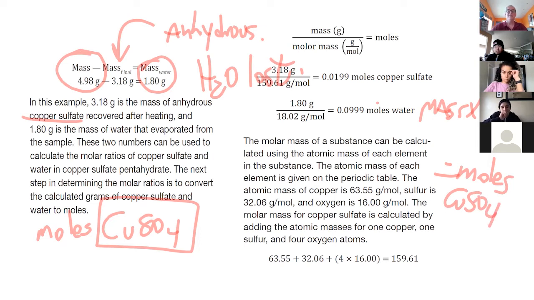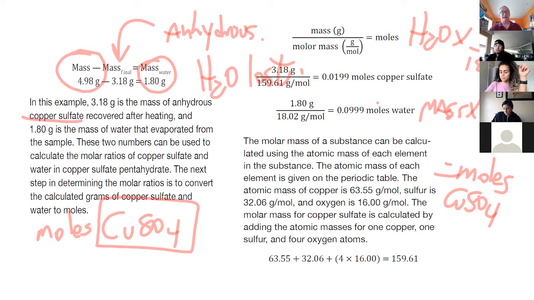We then take the mass of the water that's lost, the difference in mass between the anhydrous form and the hydrated form. Again, we take the mass of the water and multiply that by moles over the mass of water, which is like 18.015 grams. That'll give us moles of water.